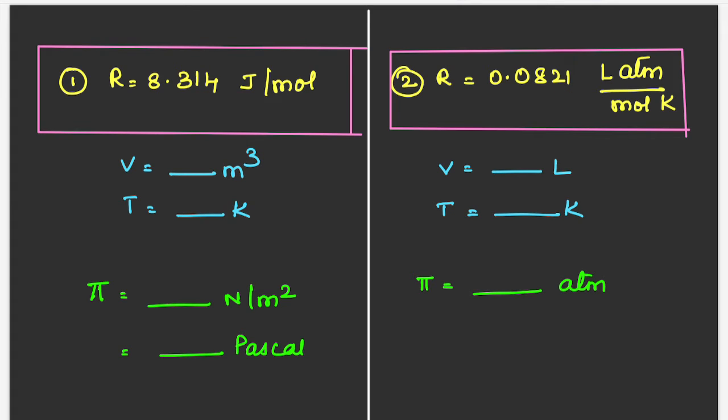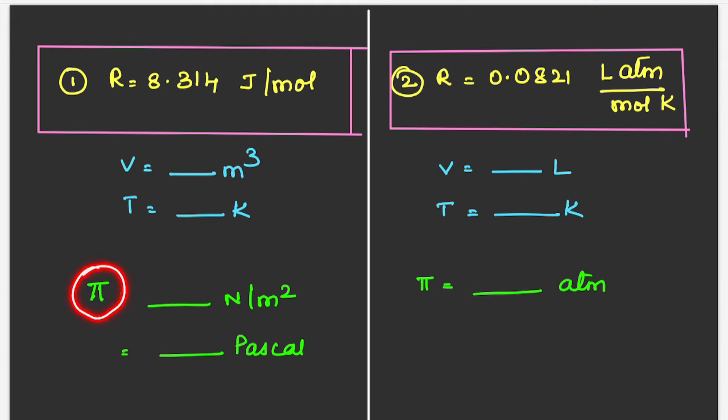In the NEET examination or JEE examination, see the answer. What is the unit of pi given? Suppose pi is osmotic pressure. If the unit is given as Newton per meter square, or if the answer is in Pascal, then you have to use R equal to 8.314. In the NEET examination, the question will be given and four options will be given.